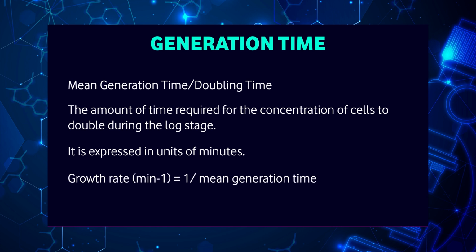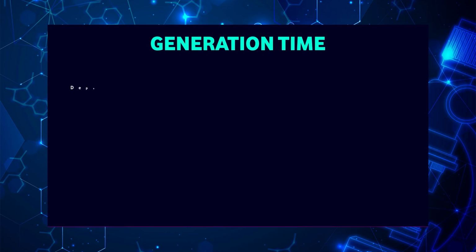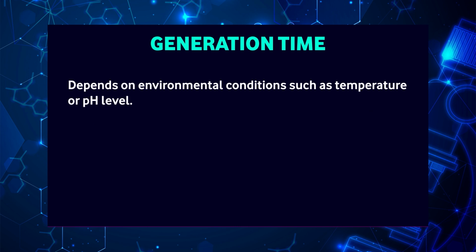The growth rate per minute is the inverse of the mean generation time. That means if the growth rate is high, the generation time would be less. If the growth rate is slow, the mean generation time would be higher. Let's take an example of a few microorganisms and their generation times.